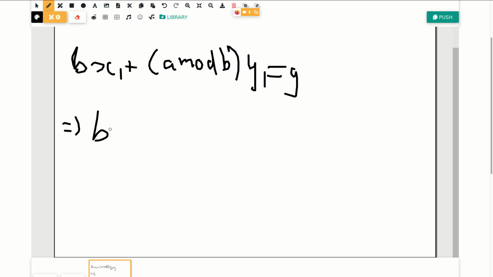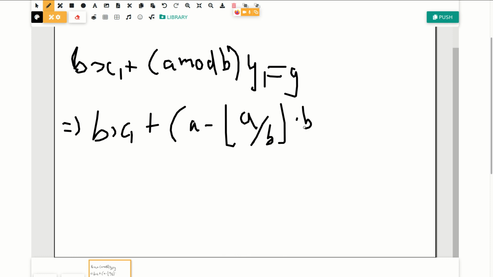This would become b x1 plus, by definition of mod, a minus the floor of a by b into b, into y1, equals g. All right. Now let's try to express it in terms of a and b.